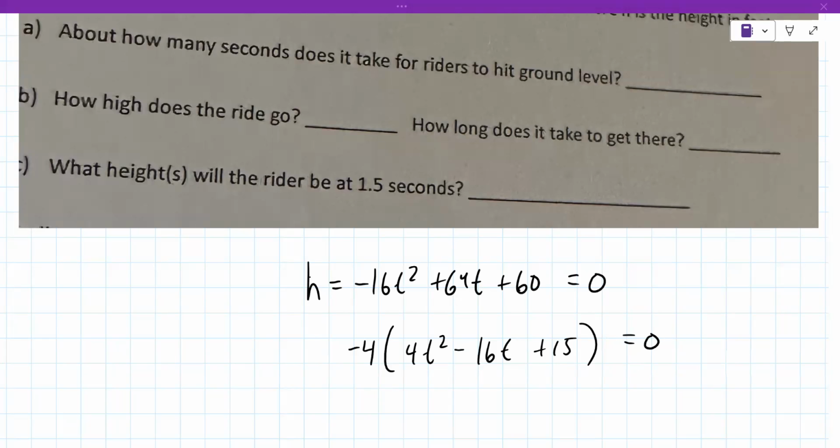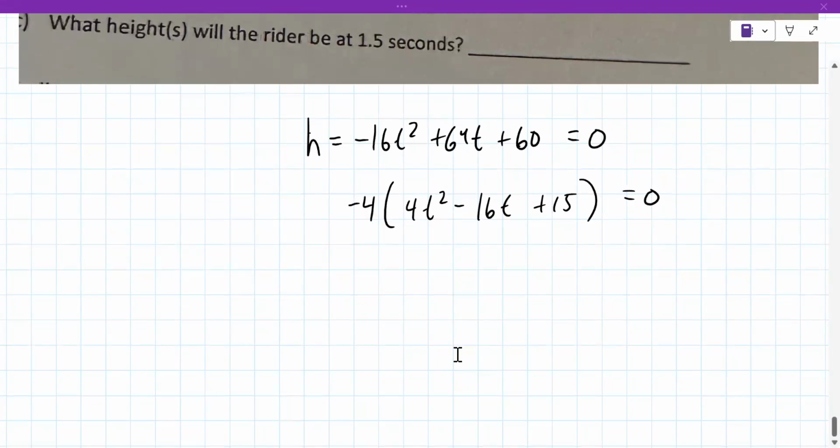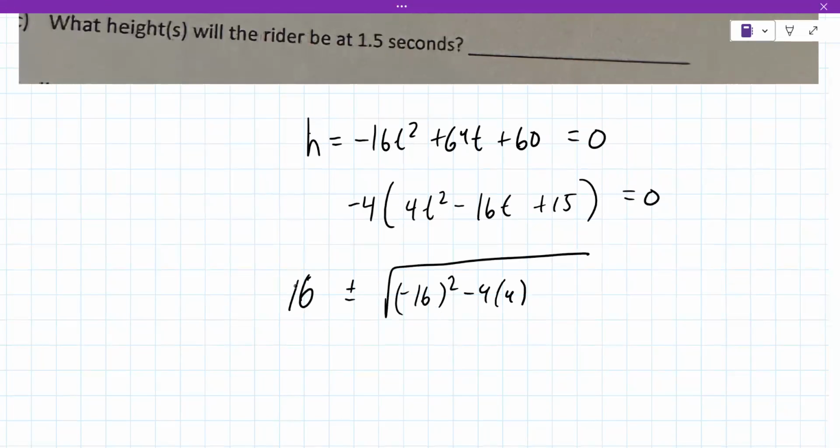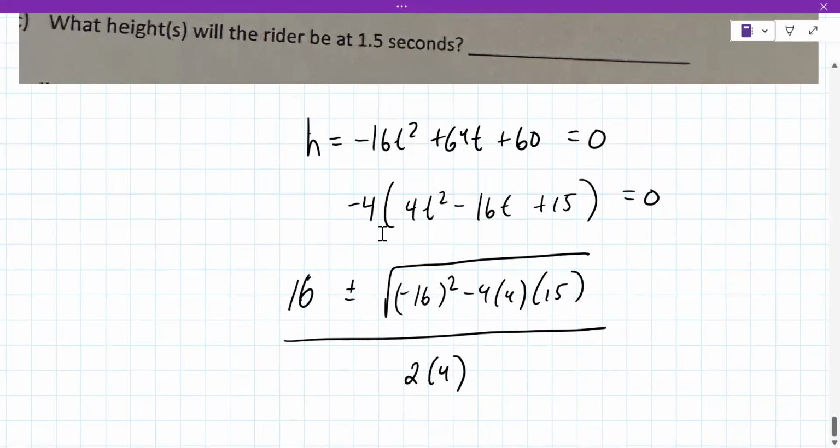This one does not work out nicely. I don't know if you heard me first. Did you use the quadratic formula on this part here or the beginning one? The second part. Do I have to multiply by -4 to do anything? No. 16 plus or minus the square root of minus 16 squared minus 4 times 4 times 15, all over 2 times 4. Not sure where to look here. That's what I got, so I don't see how I could have gotten that wrong unless I made a stupid math mistake.